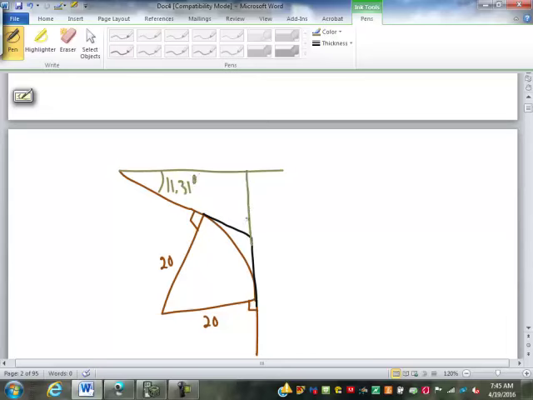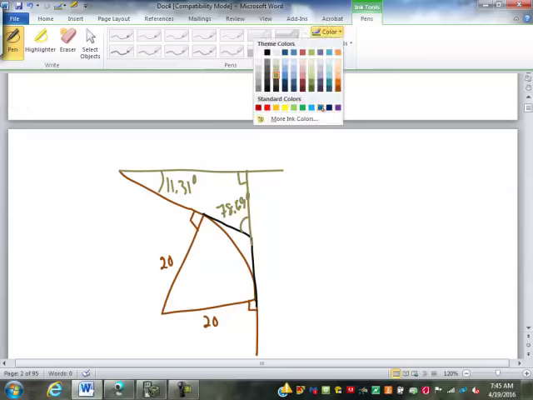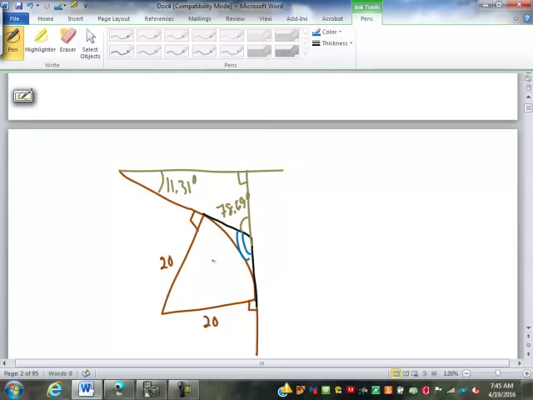So this angle here is going to be a right angle, obviously vertical to horizontal. This angle here is going to be 78.69 degrees, which makes this angle in here 101.31 degrees, which makes this angle in here 78.69 degrees.